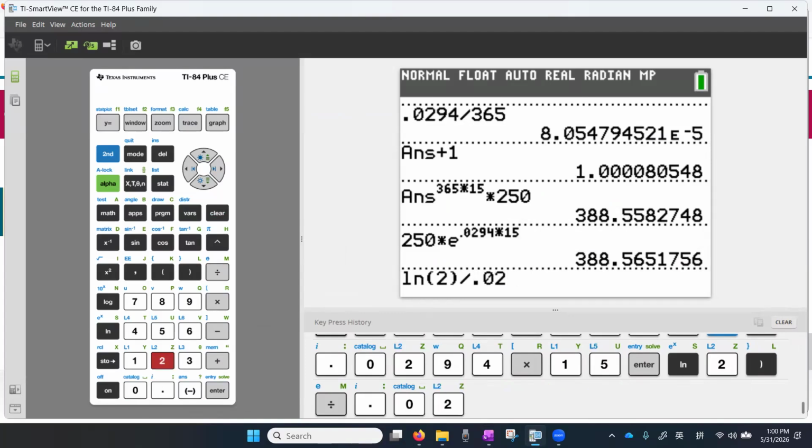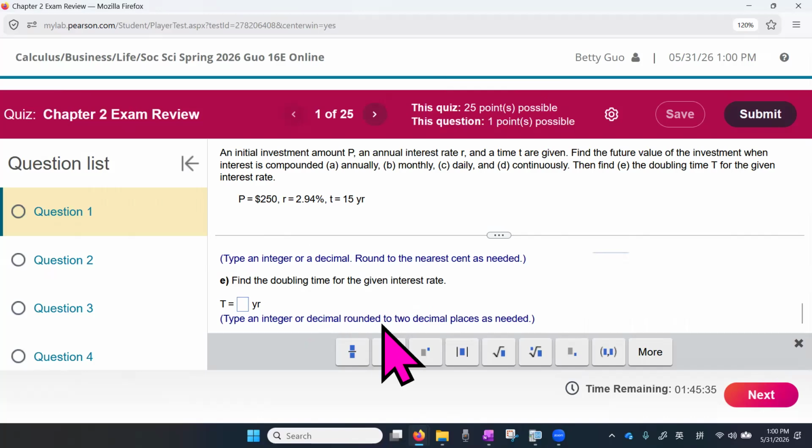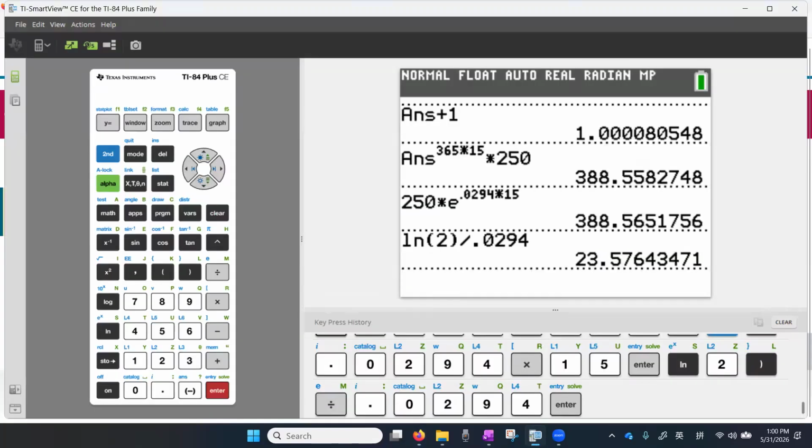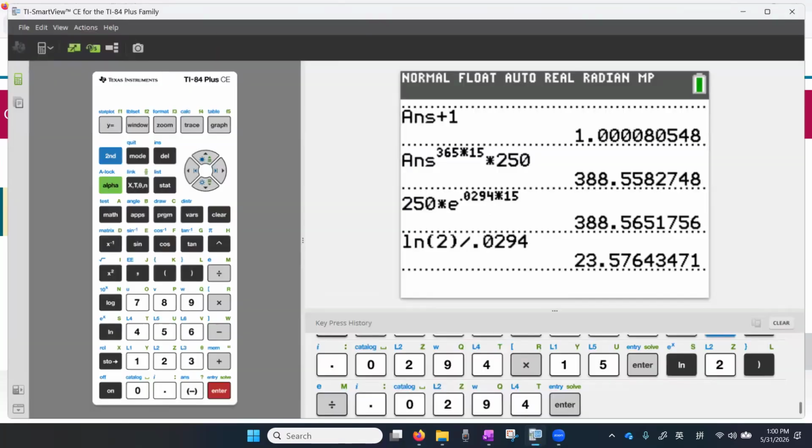Let's see how we round it. To 2 decimal places, 23.58.